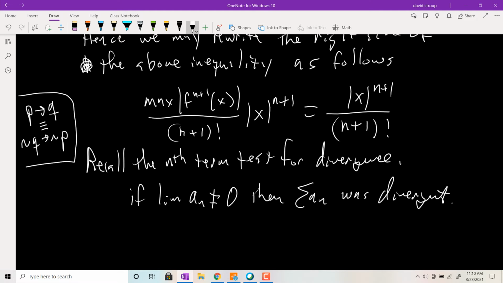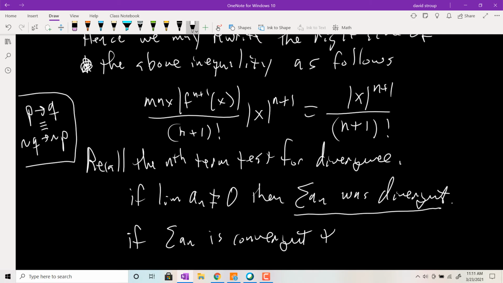I reverse the direction of the implication, and then I negate both statements. So I start off with the second part, and instead of saying divergent, I say convergent. So I say if the series a sub n is convergent, then, and now I go to the first part and negate that part, then the limit of a sub n does equal 0.